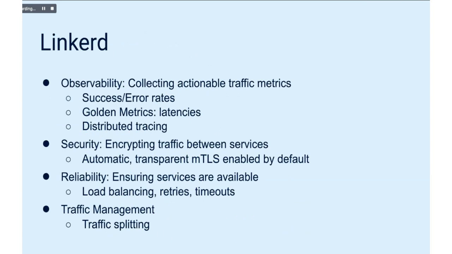The first is observability. That gives us the performance of the application, of the communication between each of the services. So what that means is we're getting success and error rates. If you remember back at our more complex diagram, if the external API that service Y communicates with becomes unavailable, we'll start to see some error rates in service Y. We get golden metrics that are defined by the SRE book that Google has written.